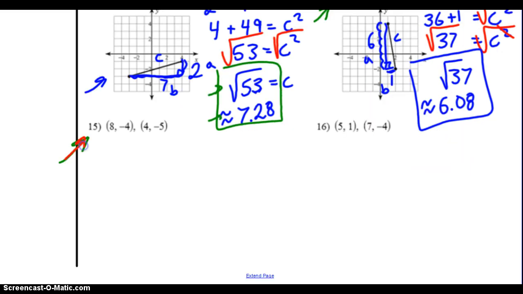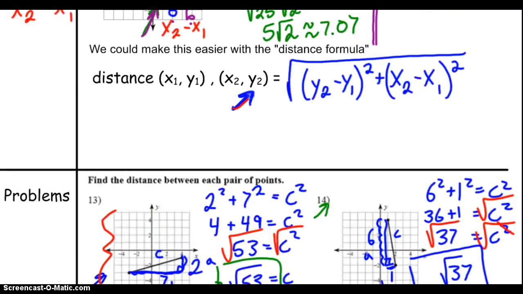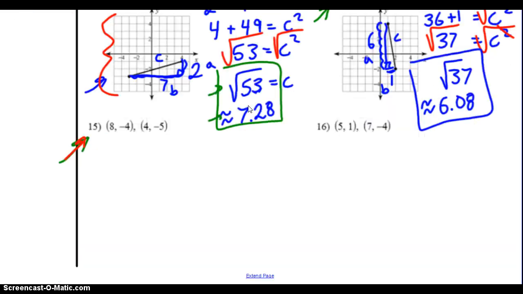Let's try doing 15 now. And I'm going to first use the distance formula and then show you how you could do it without using the distance formula. Since there's no coordinate grid like we saw in the last problem, I'm going to go back up and use this formula right here. If it helps you to label the points, you can do that. x1, y1, x2, y2.